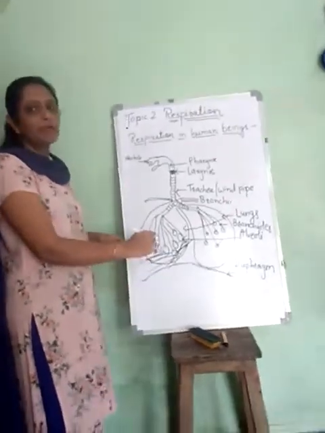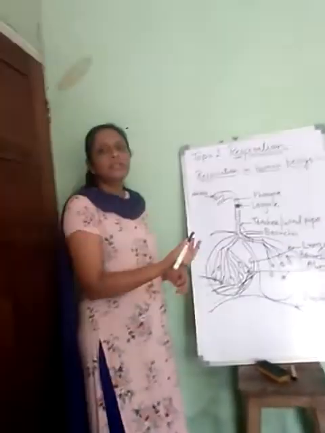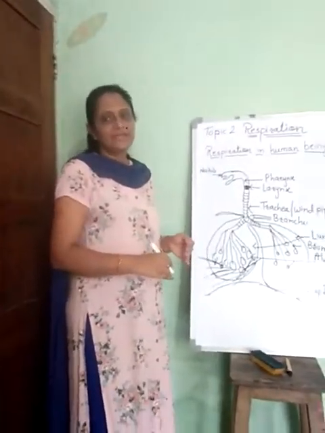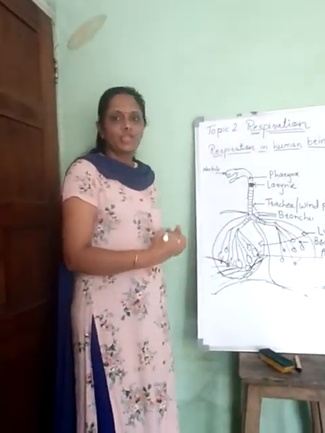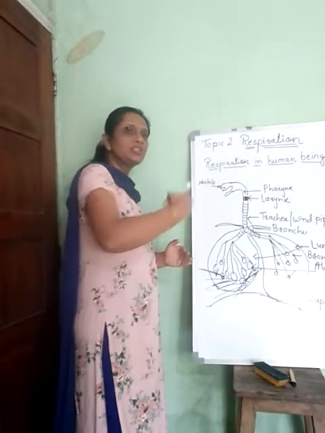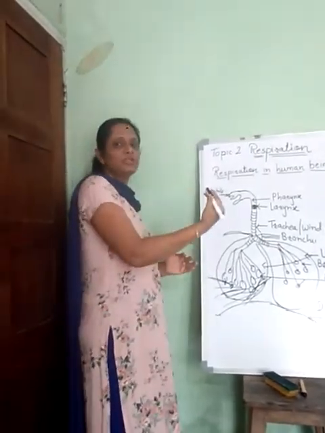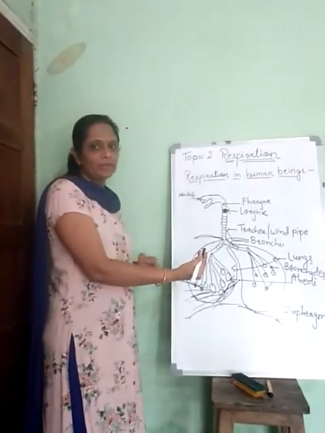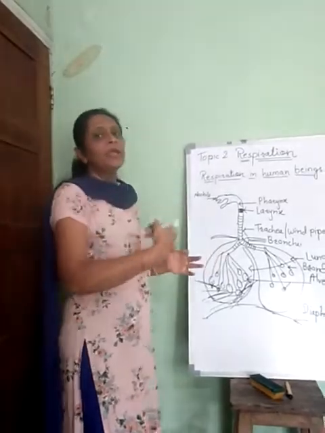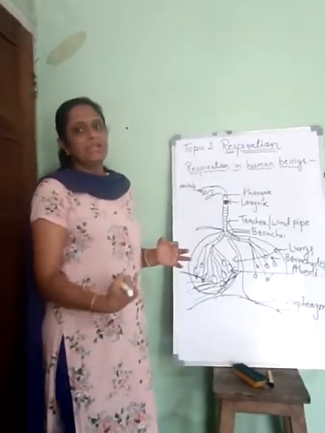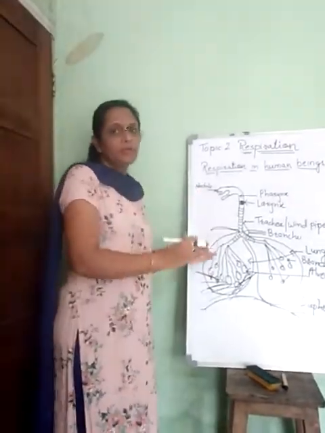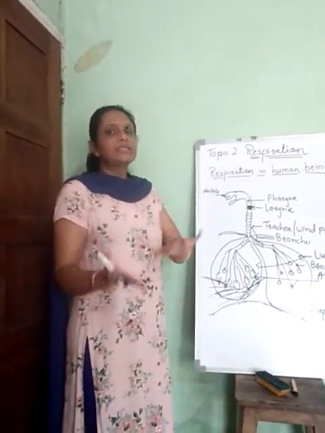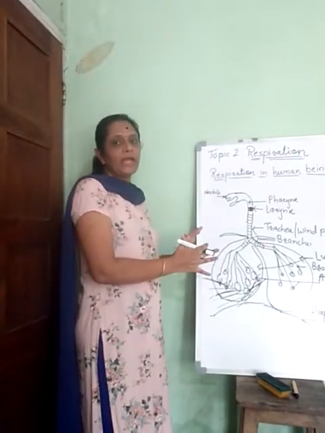Then the alveoli are richly supplied with blood vessels, where the exchange of gases takes place. Alveoli give oxygen to the blood, and carbon dioxide is given from the blood to the alveoli.